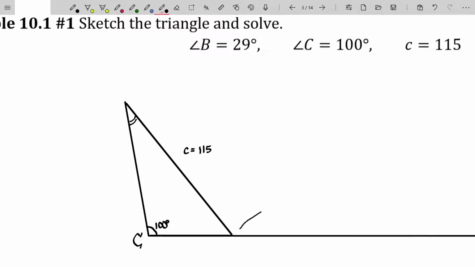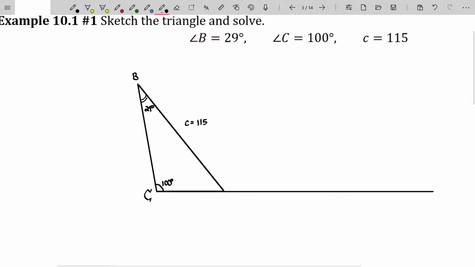You generally reserve that angle for the ungiven angle. Okay, so here that angle B was given to us to be 29 degrees. And from that information, actually, you could draw out the triangle. Oh, and I should mention also, I always draw my horizontal side a little too long. That way I could erase off what I don't need.